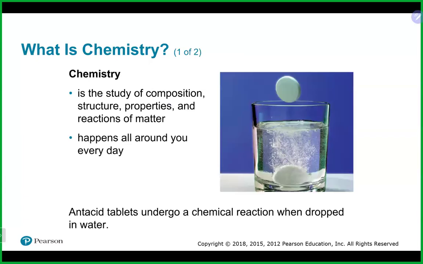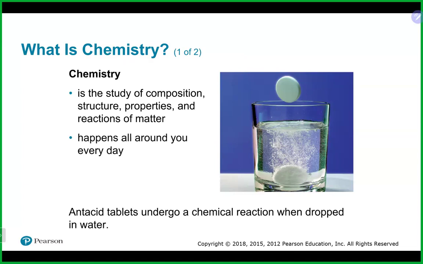And a lot of what we deal with in terms of chemistry is the study of matter and really sort of how it's changed or how it resists change. So a lot of things that we study is composition of matter, structure, properties, how things react. And it again happens all around, right?